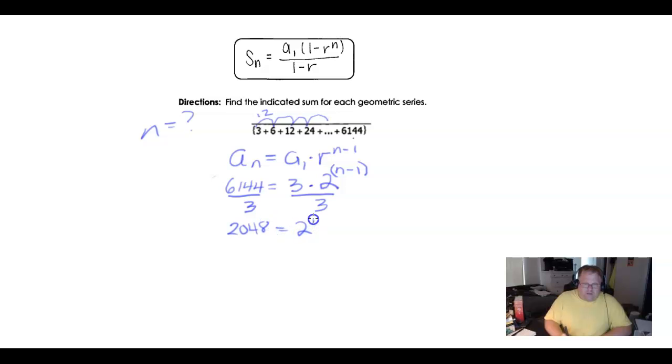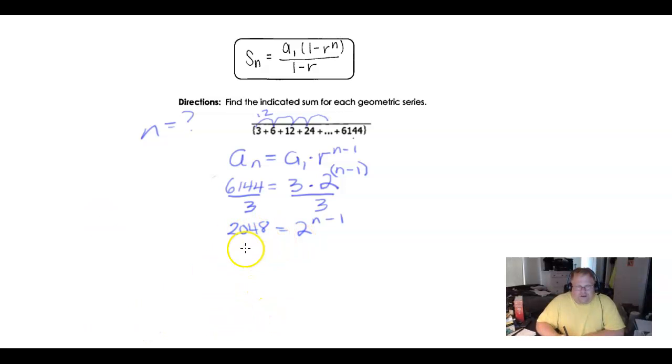equals 2 to what power? So what we're trying to figure out is 2 to what power gives us that amount. So how are you going to do that? We're trying to figure out how many 2s multiplied together, 2 times 2 times 2, will give you 2,048.